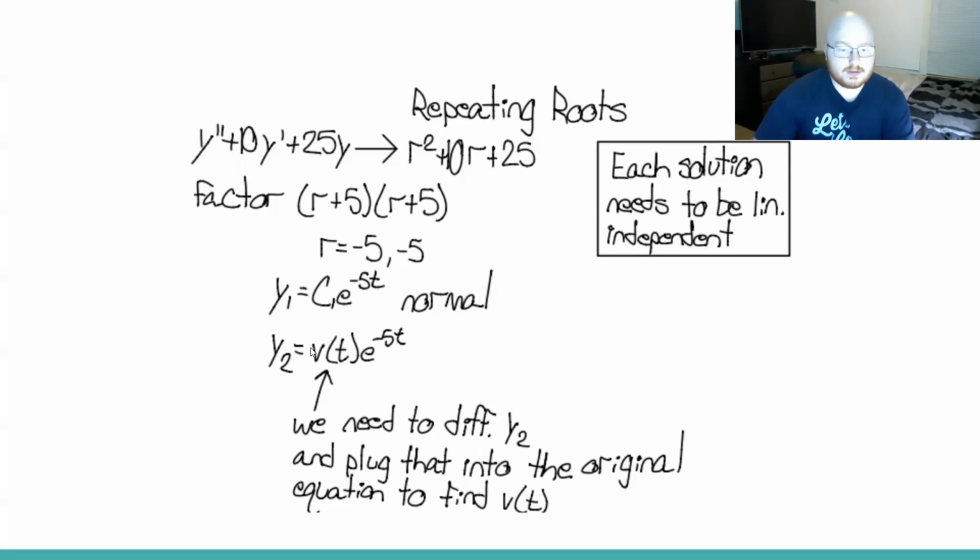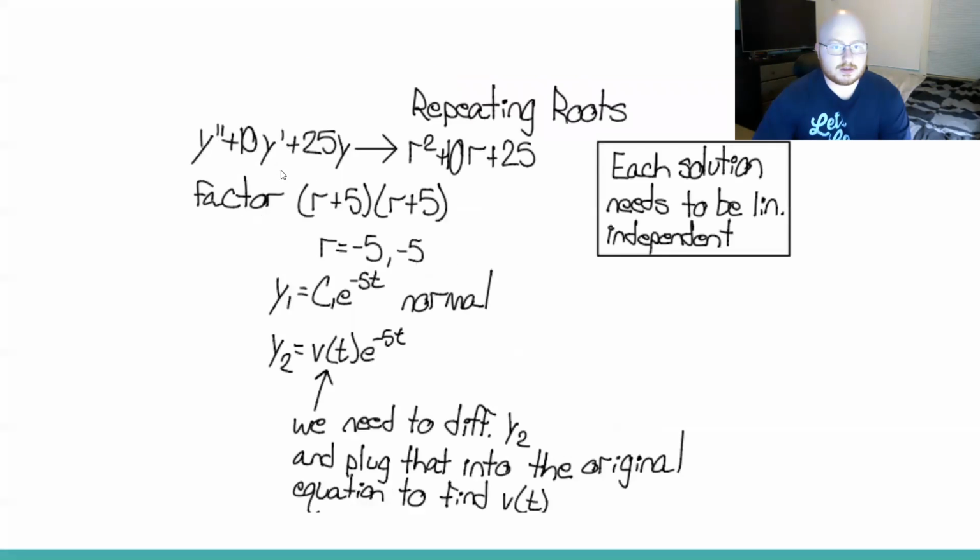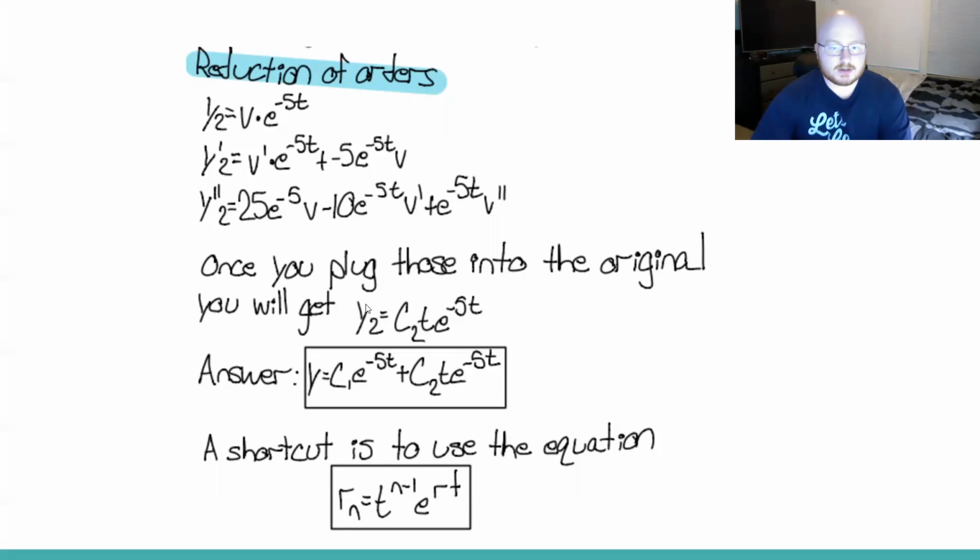Instead, for the second one, we use a function of time, v of t, and then we plug this into the original equation, using reduction of order. You take the derivative of v times e to the negative 5t, and then take the second derivative of that, and once you plug all that into the original equation and simplify, it boils down to c2 t e to the negative 5t.